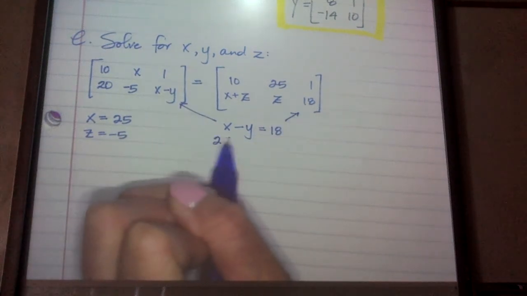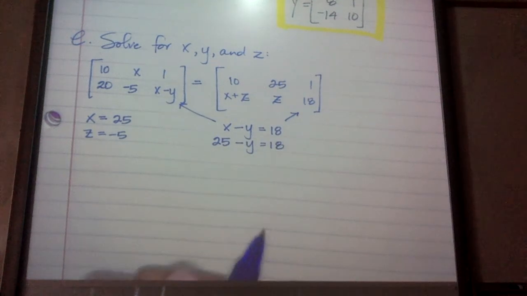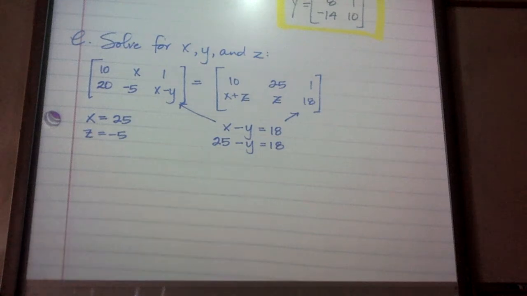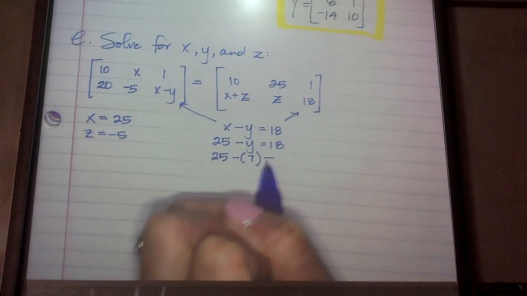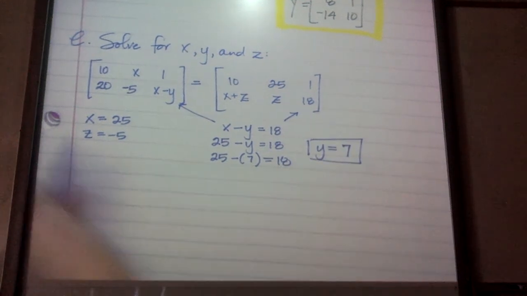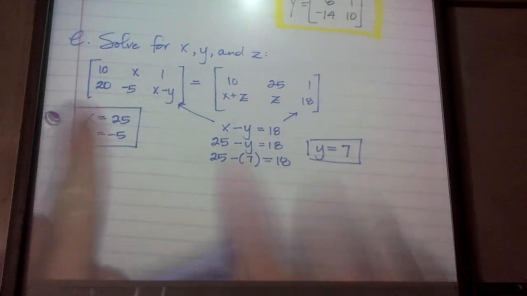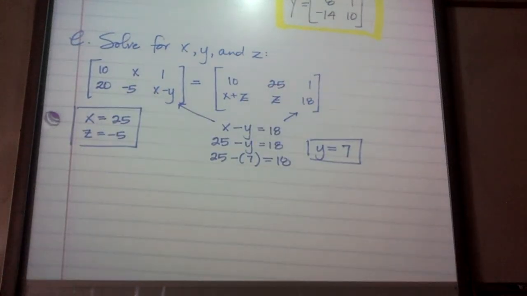X is 25. So 25 minus y equals 18. So I can just solve it by looking at it. 25 minus what is 18? Okay, so I know that 25 minus 7 equals 18. So y must equal 7. So these are pretty simple. You just match their position and you plug in the difference.